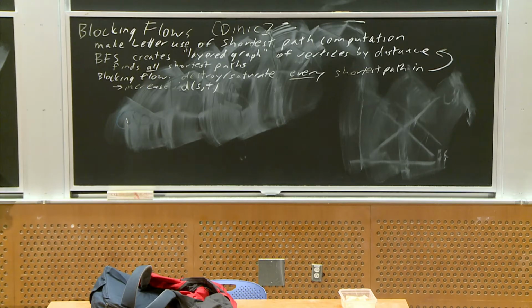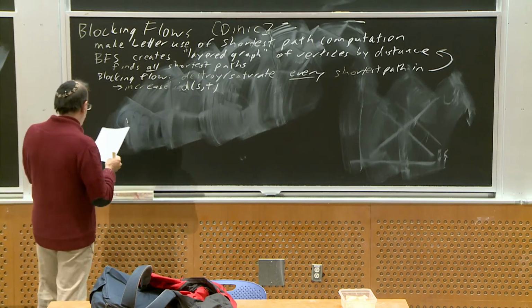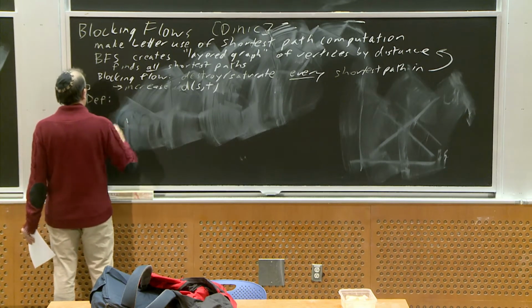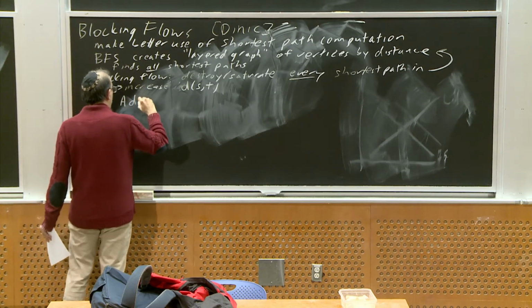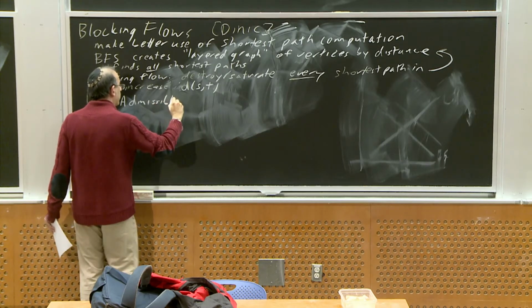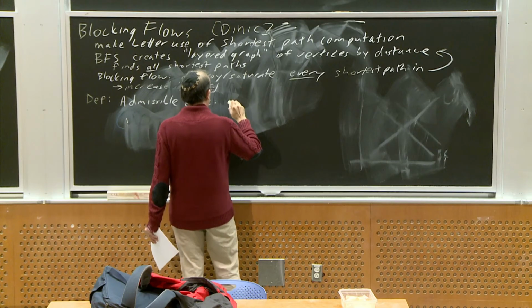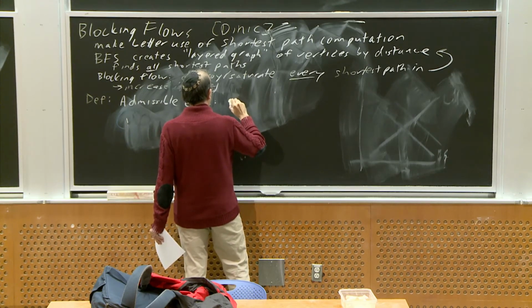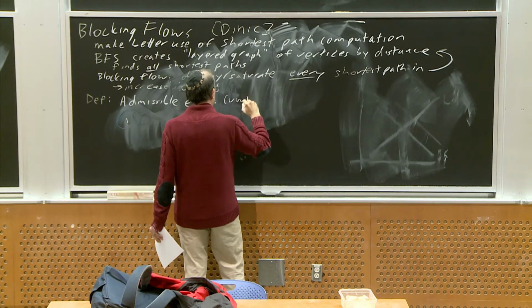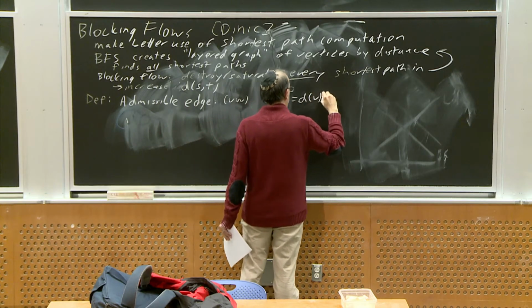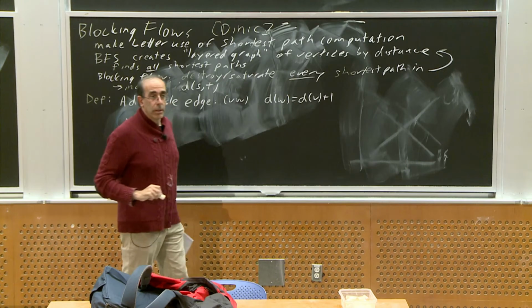Okay. So let me add some definitions to make this clear. I'm going to define an admissible edge. It is one, an edge VW, such that the distance of W is equal to the distance of V plus 1. Okay?